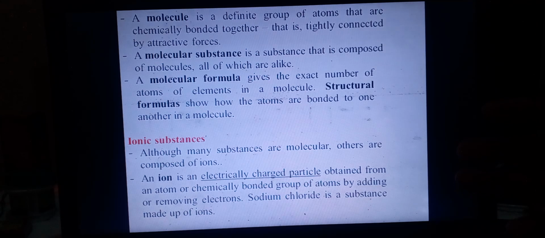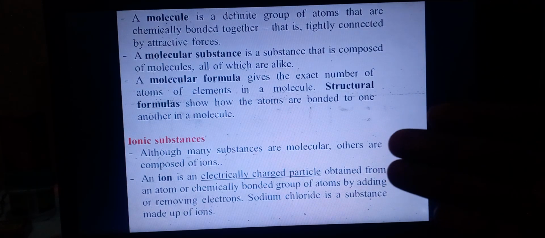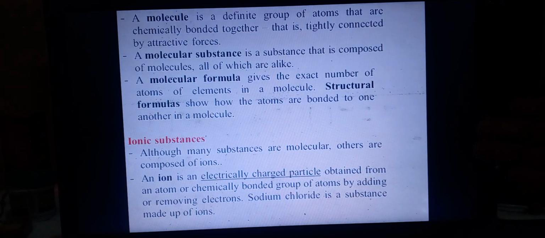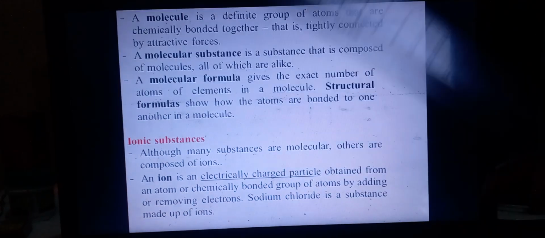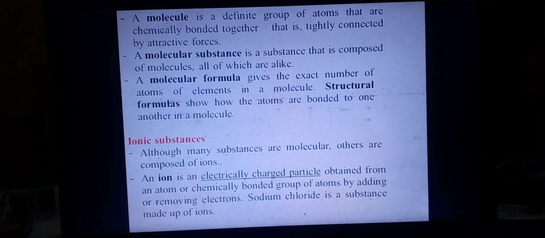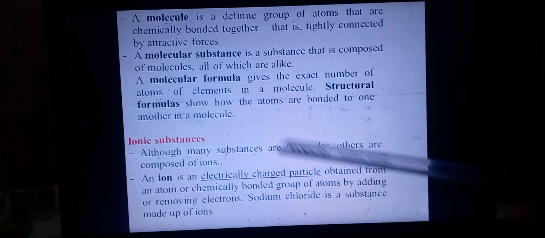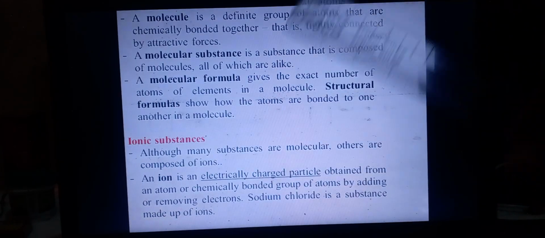Those ions usually originate from atoms which either lose electrons or gain electrons, like a sodium atom loses electrons to form positively charged ions of sodium, while chlorine atoms gain electrons to form negatively charged chloride ions. So when they attract each other, they form an ionic compound.